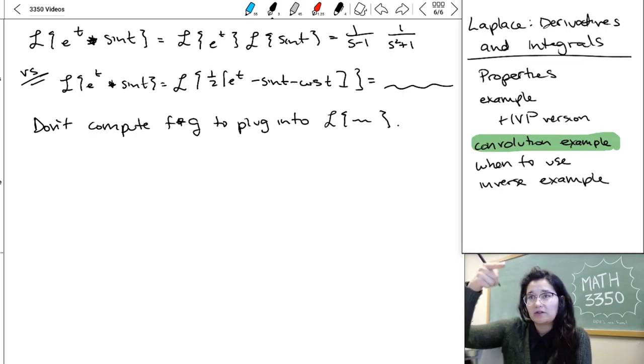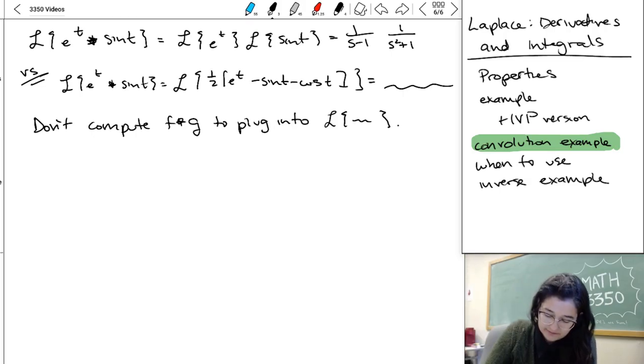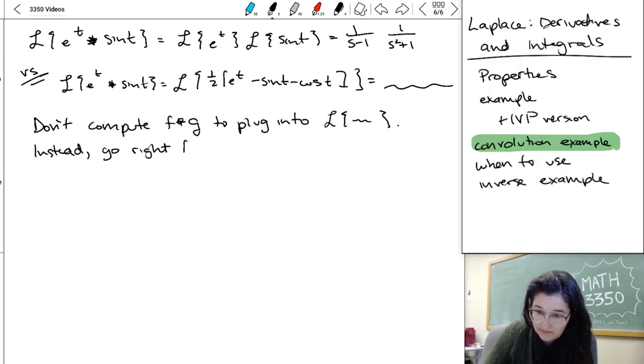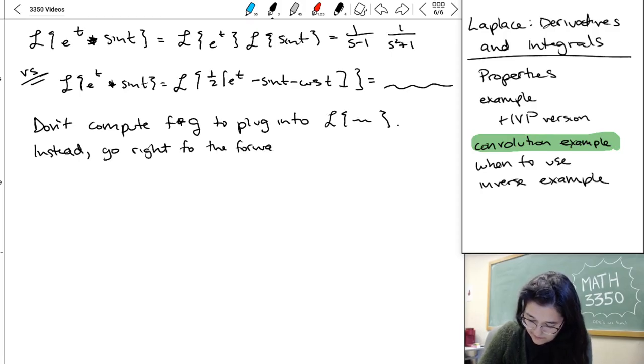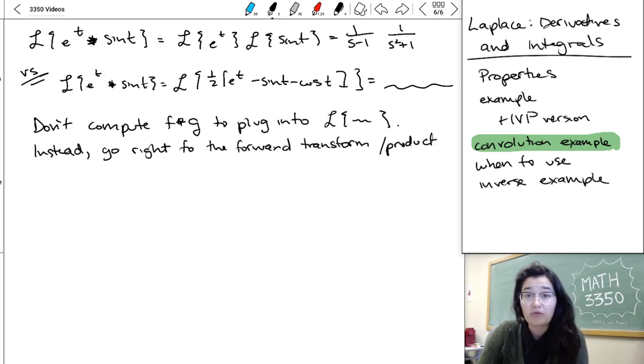Instead, we're just going to use this forward property, or the product of those two functions.